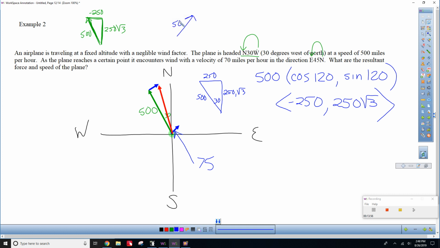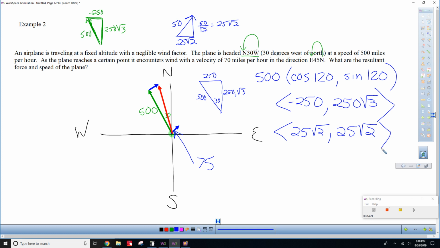So if that's 50, this is going to be 50 divided by radical 2, which is 25 radical 2, right? Yep. And this is going to be 25 radical 2. So that will be our second vector. And if I add those up, it's going to give me our resultant vector.